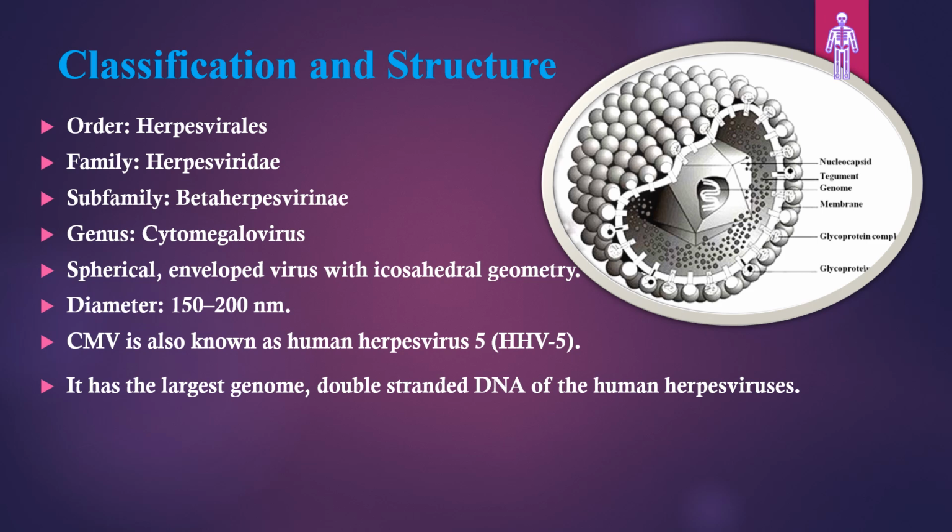The layer between the envelope and the capsid is the tegument, which is a proteinaceous matrix that holds the DNA core, and the icosahedral nucleocapsid contains the double-stranded linear DNA core, and the capsid is of 960 angstrom in diameter, composed of 162 elongated hollow capsomeres.